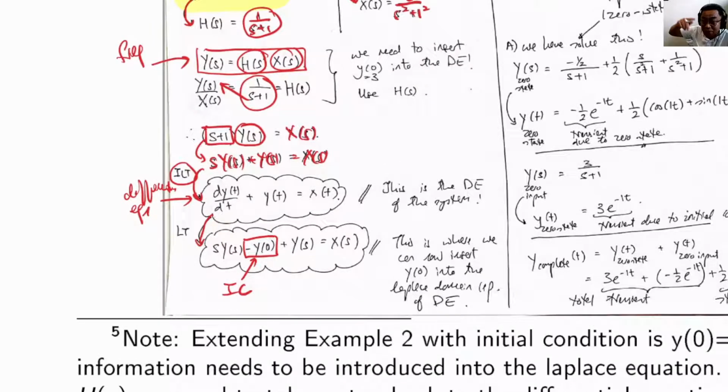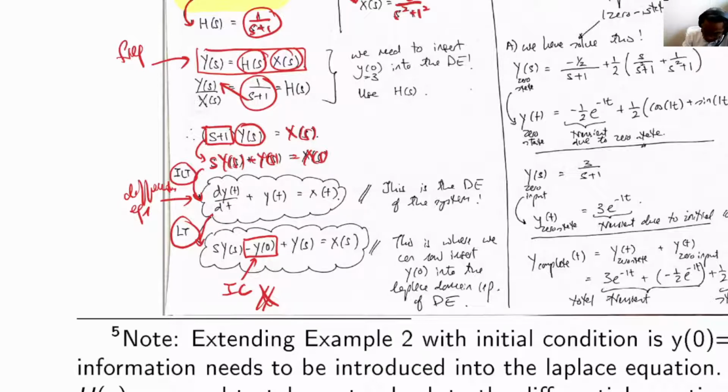Okay, so this is the one big round. It went from time to the Laplace domain, the Laplace domain to the differential equation describing the system, and then back again into the s domain to introduce the initial condition. So this is where we put y of 0 in.